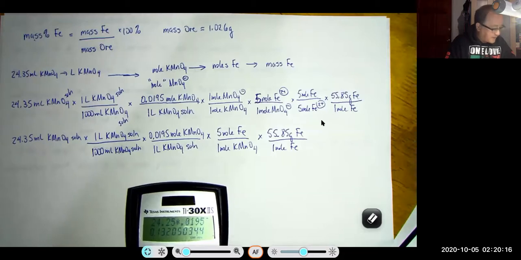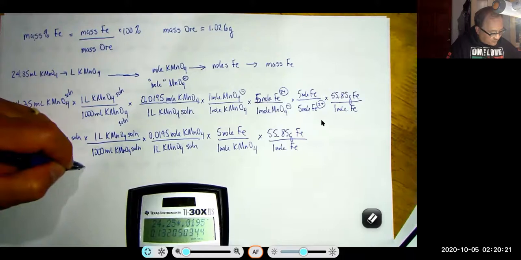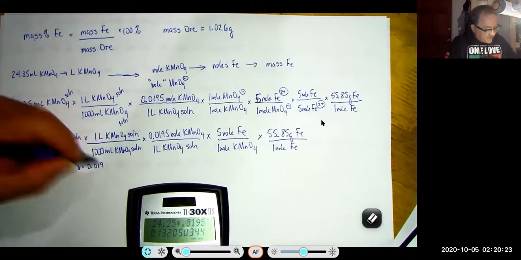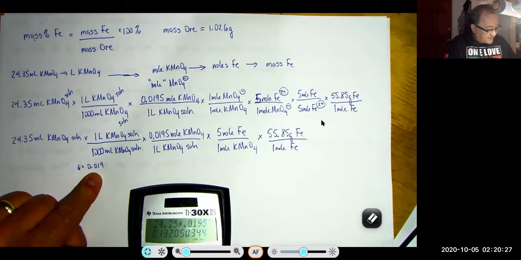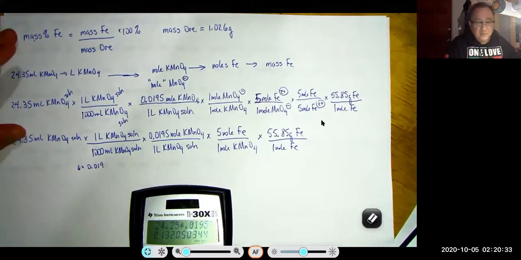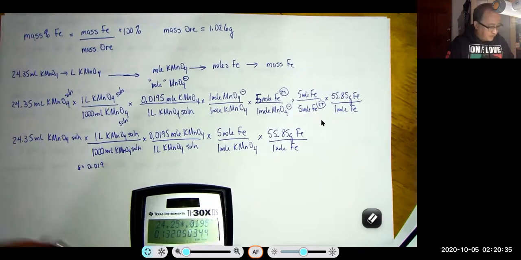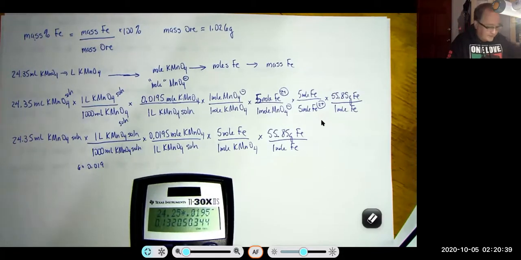Oh yeah, that would be 6 times 0.019. I said the answer would be around 0.012, but that's ridiculous because 0.012 is smaller than that. So 6 times that, it makes more sense that it would be 0.12. All right, so I'm a little off on my estimate, and it's always good to double check these things.